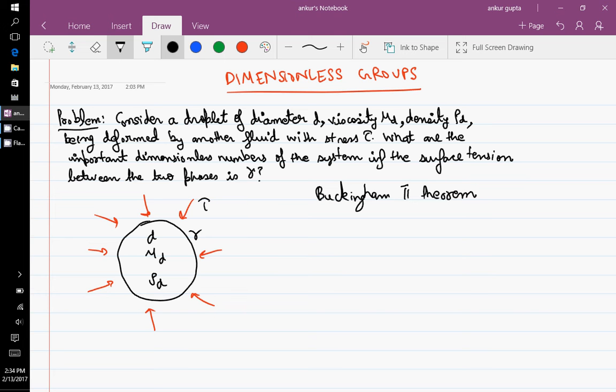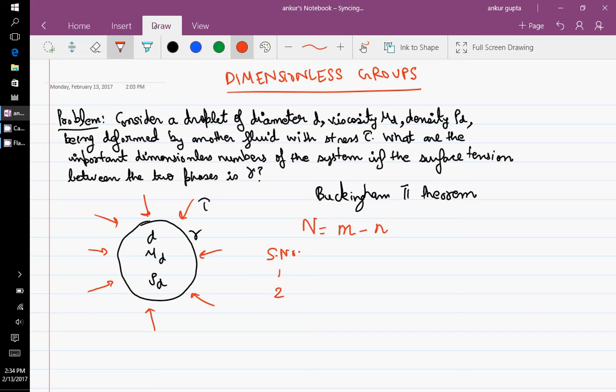So just to recall, the Buckingham Pi theorem states that we will have N dimensionless numbers, capital N, where N is m minus n, where small m is the number of physical quantities and small n is the number of dimensions. So what are the physical quantities that have been given to us here? Let us just write them down.